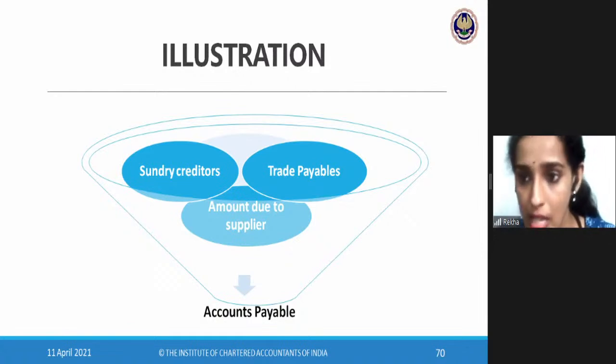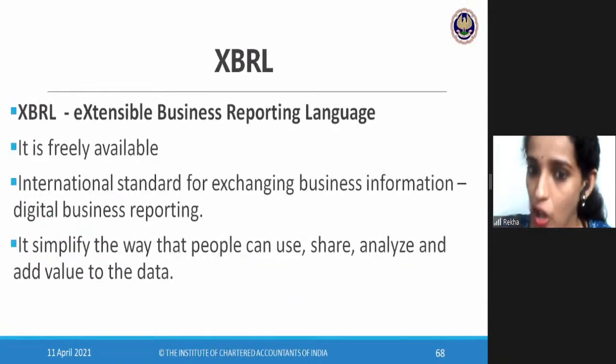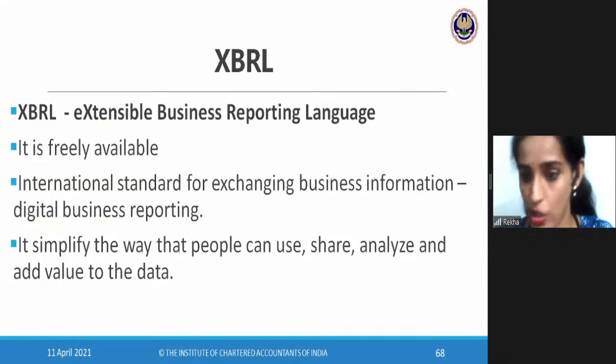But how each company is reporting is in a different way. In order to bring about uniformity, they came up with the Extensible Business Reporting Language, so that your business information can be exchanged effectively on the digital platform. Clear? This is freely available.